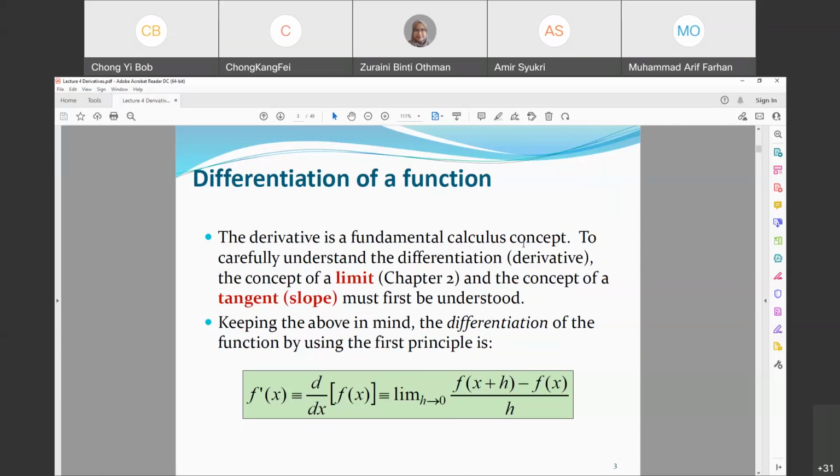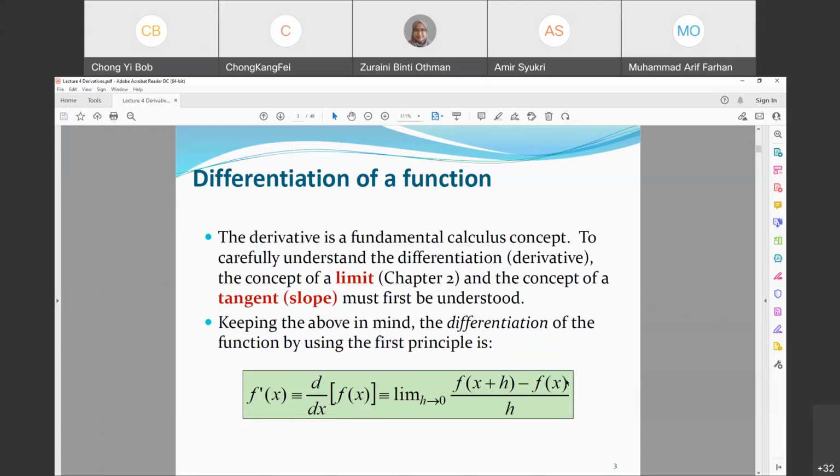It's a fundamental concept of calculus. To carefully understand the differentiation, which is derivative, it is the concept of limit in chapter 2 and the concept of slope tangent in your tutorial 1 previously. Then you must first understand. Then keeping the above in mind, the differentiation of the function by using the first principle.